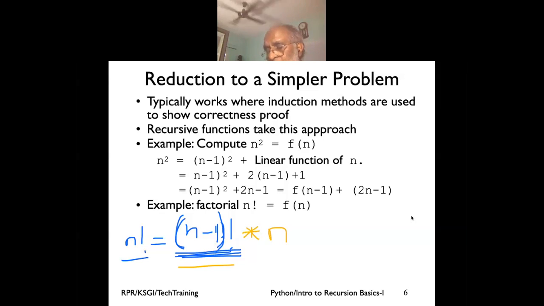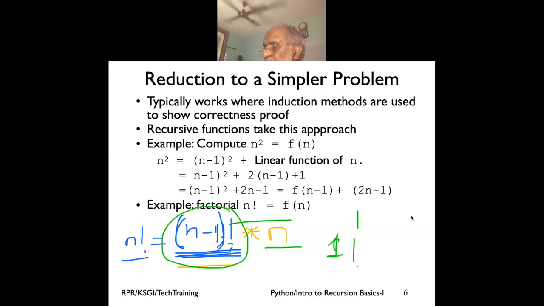Yes, sir. So if I can find the solution to factorial n minus 1, I use that solution, multiply by n, and that gives me factorial n. And I keep doing it, and n minus 1 becomes n minus 2, n minus 3, till it becomes 1, and I know factorial 1 is 1. And then I keep building it up.